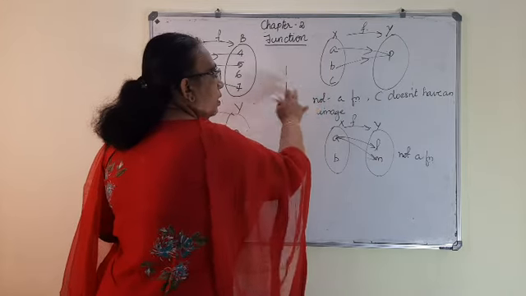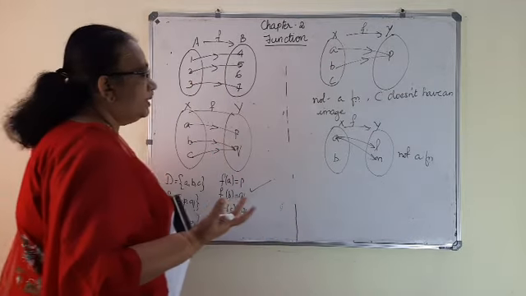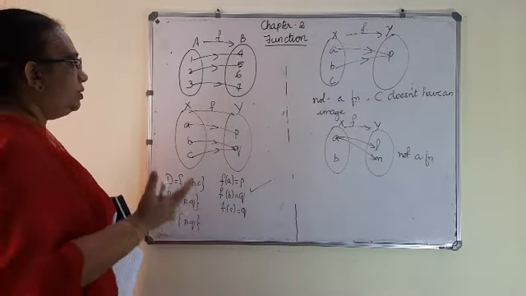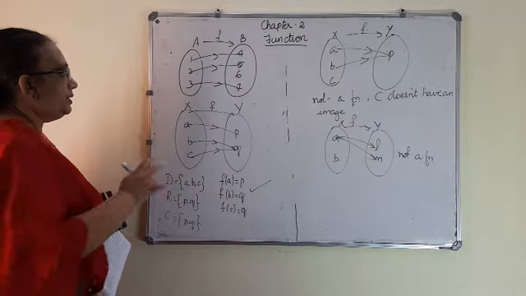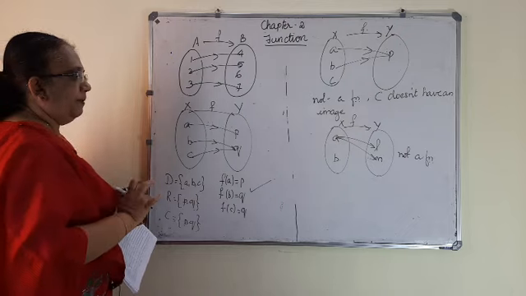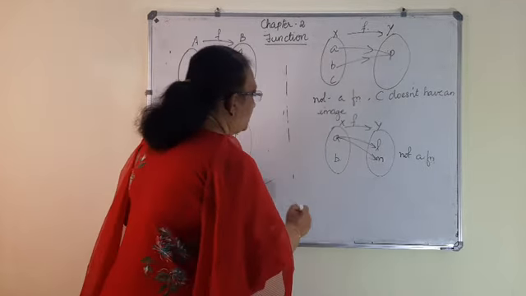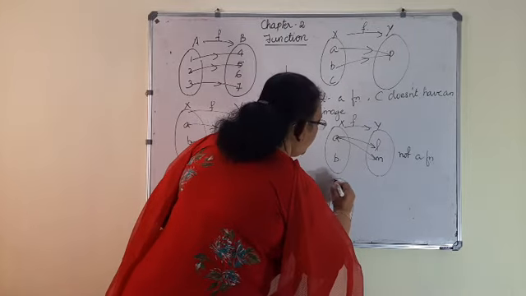The previous one is also not a function because C doesn't have an image. So the condition to be a function is that here it is a function. The second one is also a function. Now let us consider one more example.